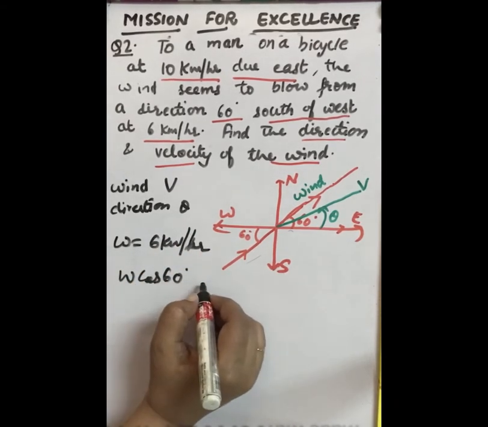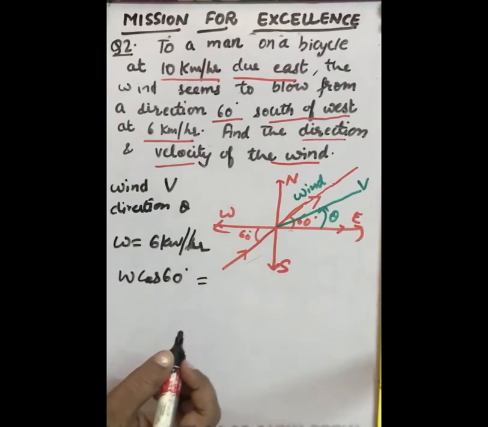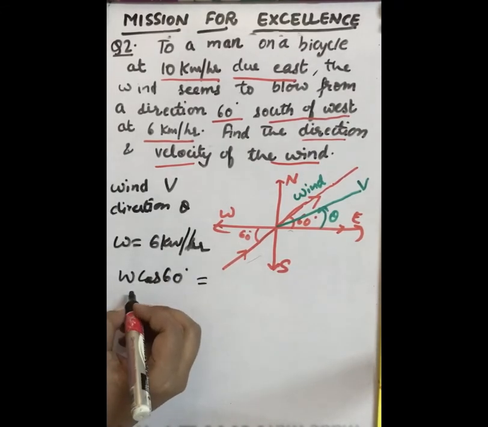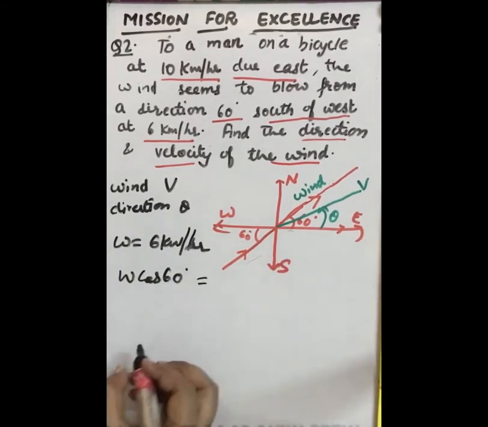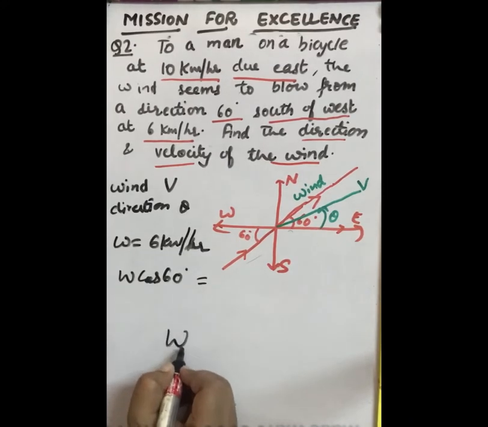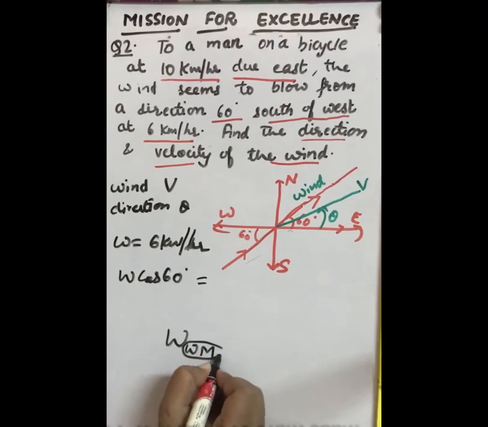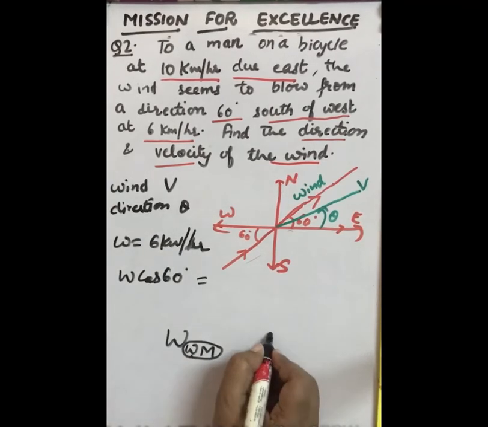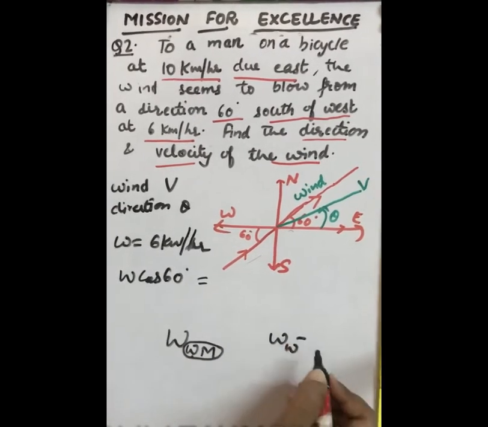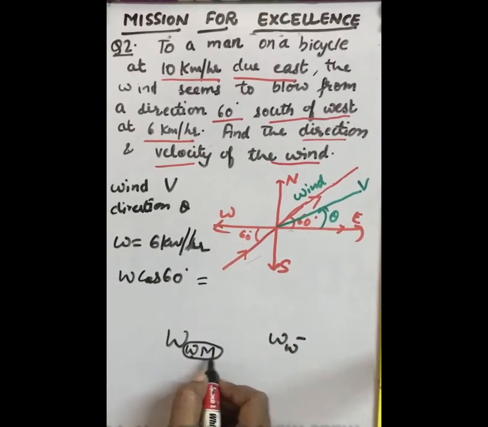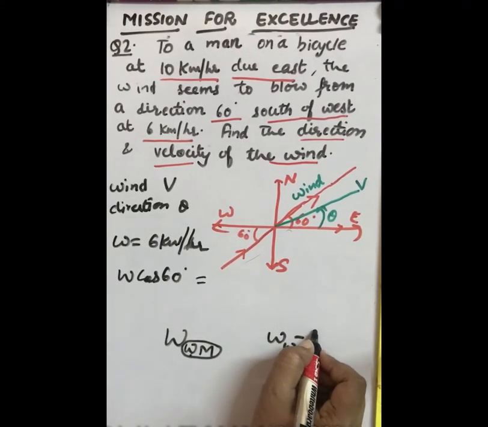So W cos 60 is the relative velocity of the wind with respect to man. So first we take the velocity of wind and then reverse the velocity of man, that is minus velocity of man.